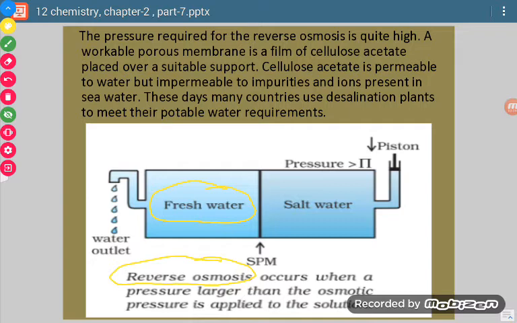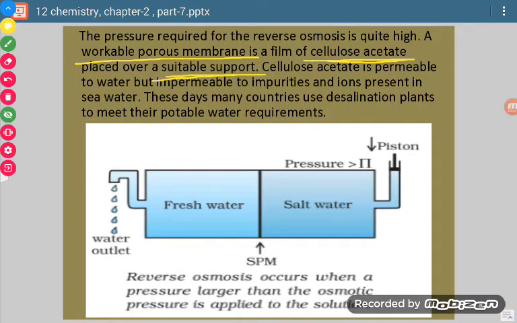Which type of SPM is to be used? Since the pressure required is very high, it should be something that can bear that pressure. So we use a porous semi-permeable membrane made of cellulose acetate, which is also supported on a suitable substance.